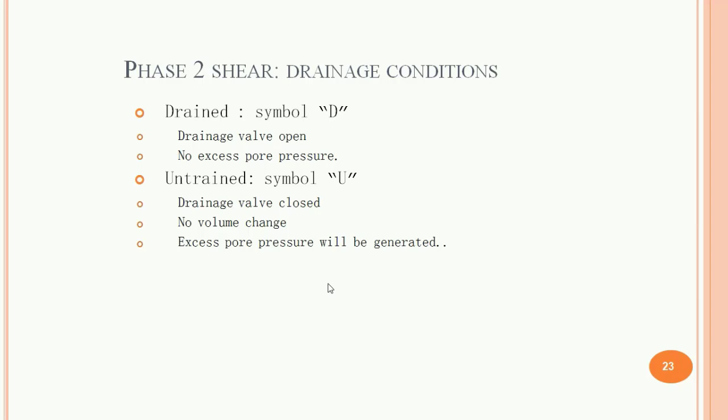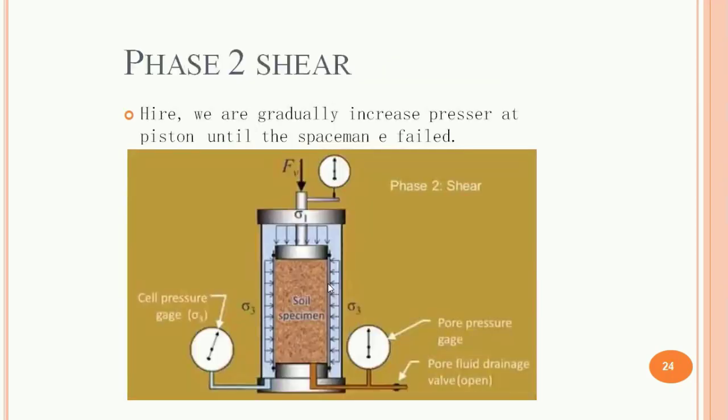Then the undrained condition is denoted by U. In that case, the drain valve is closed, so of course there is no change in volume, and extra pore pressure will be generated in the specimen. We gradually increase the pressure at the piston until the specimen fails.